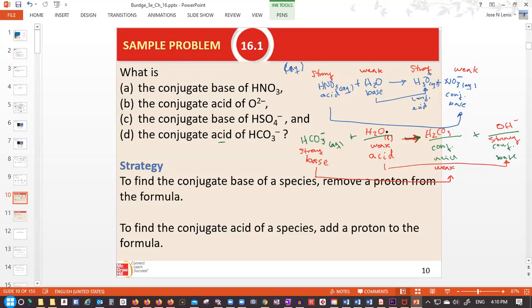Another pair is H2O and OH minus, where water is the weak acid and the hydroxide ion is the strong conjugate base. Use this same strategy to find the conjugate acid in B and the conjugate base in C of this exercise.